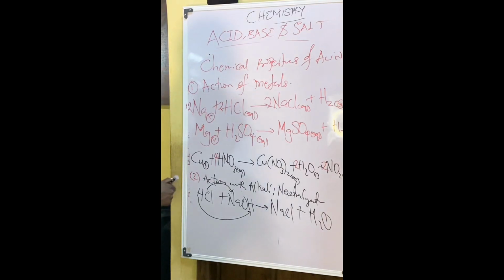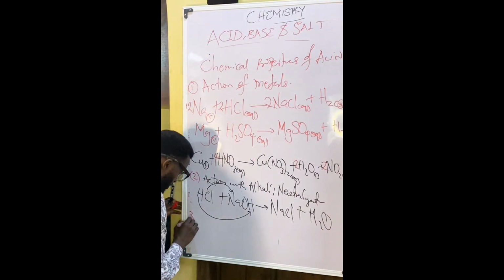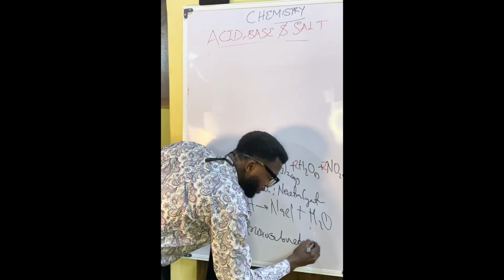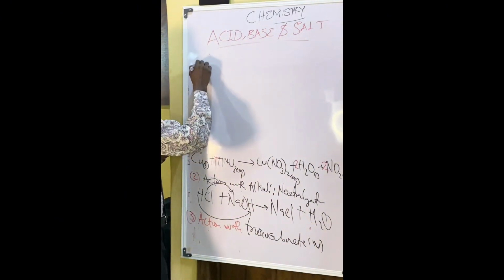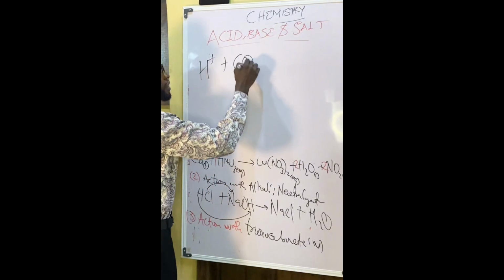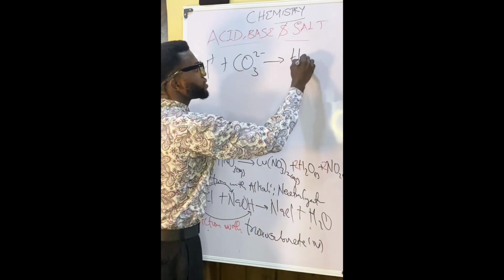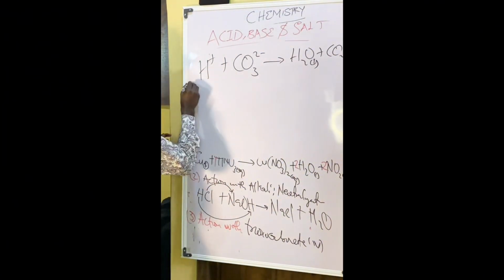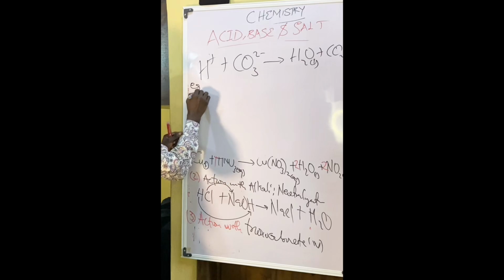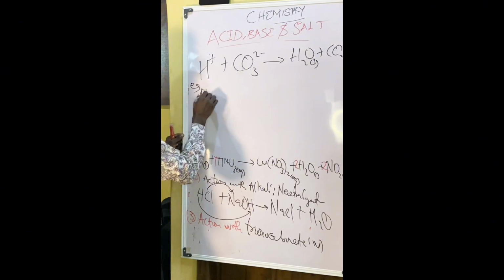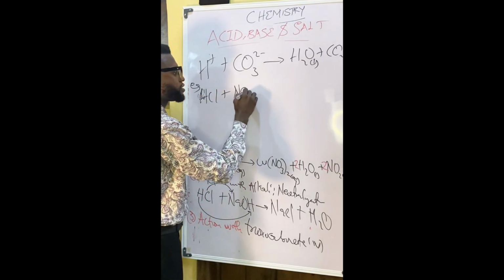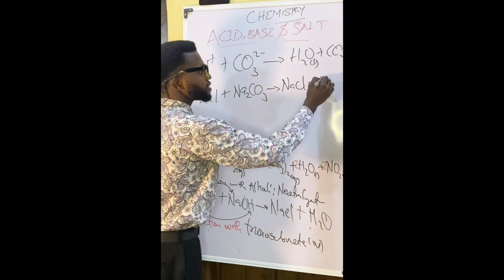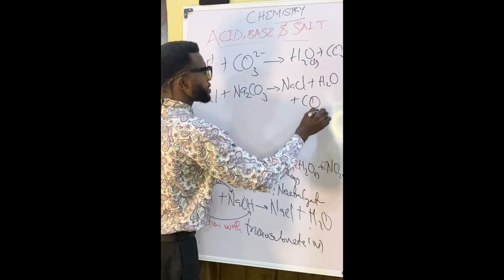Then the third reaction of acid is action with trioxocarbonate 4 salt. So acid will react with trioxocarbonate 4 salt to give you water and carbon dioxide. So a typical example of this reaction is hydrochloric acid plus sodium trioxocarbonate 4. So this will give you sodium chloride, water, and carbon dioxide.